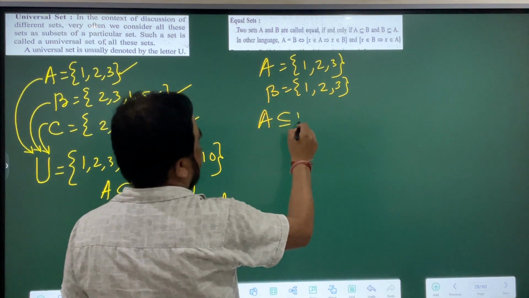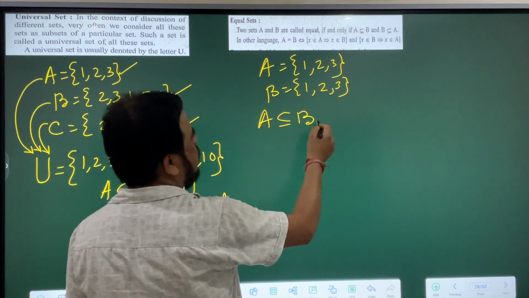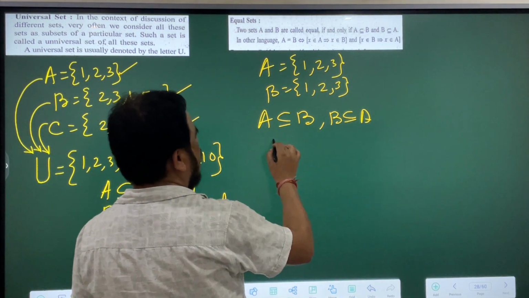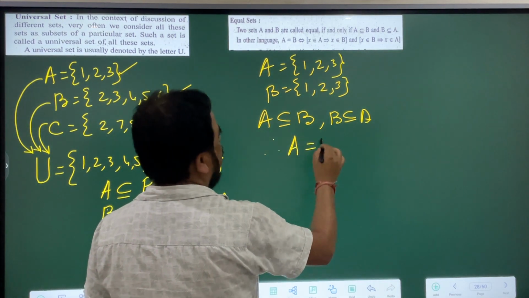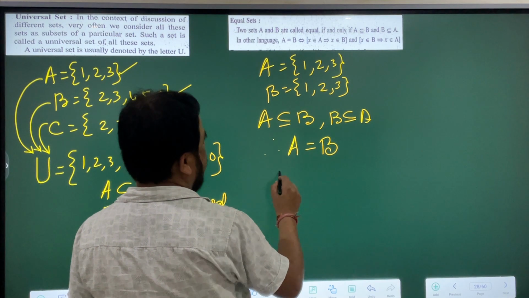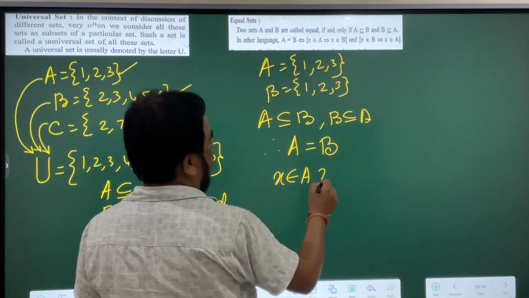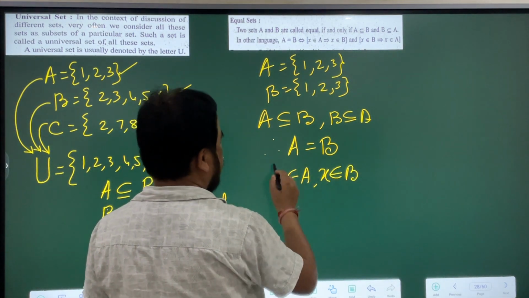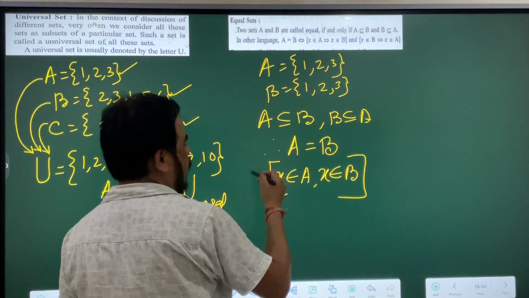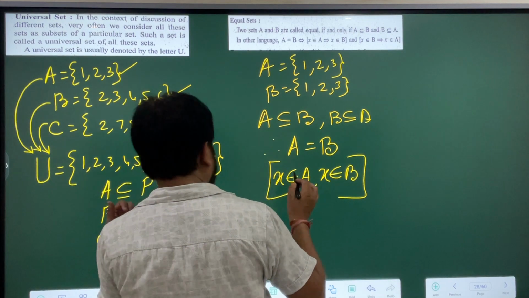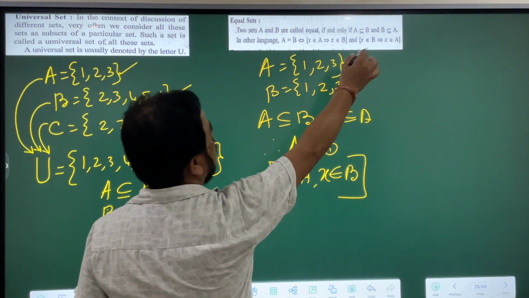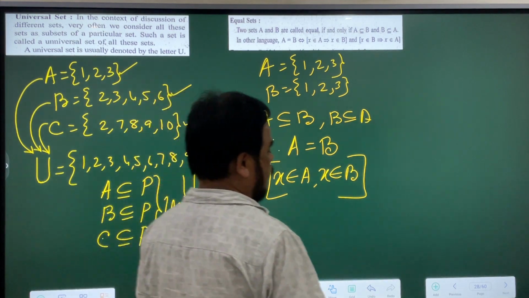A is a subset of B because all the elements of A are present in B. B is also a subset of A because all the elements of B are present in A. Therefore, A is equal to B. Shortly, in rule method, x belongs to A if and only if x belongs to B. Whatever elements are there in A are in B, and vice versa. So A is equal to B.